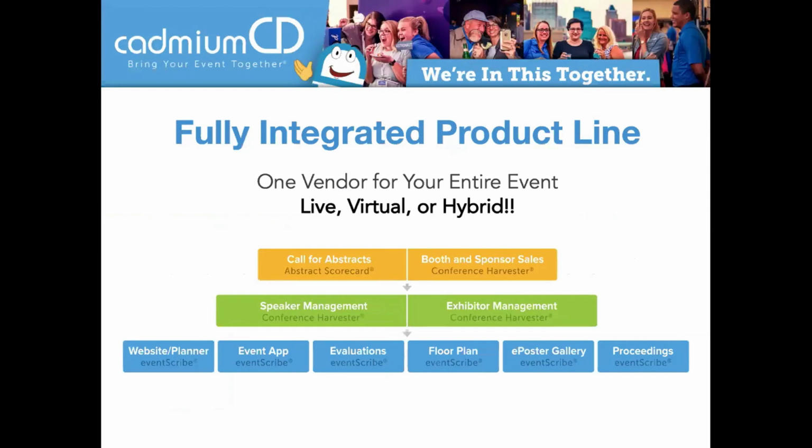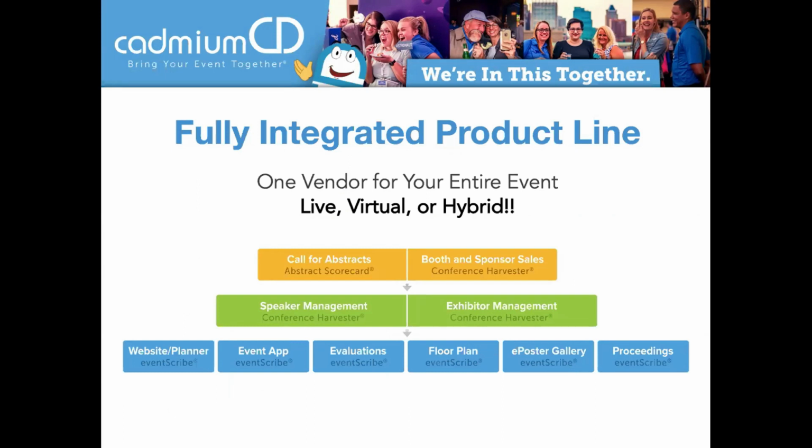So CadmiumCD, we're actually celebrating our 20-year anniversary, but we have a fully integrated product line that's designed to help meeting planners plan their conferences. And up until this year, it was mainly focused on live events, but we have introduced this year EventScribe Live, which is a complement to our conference planning platform.